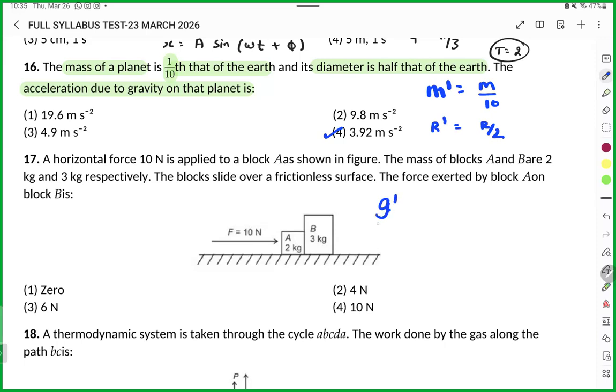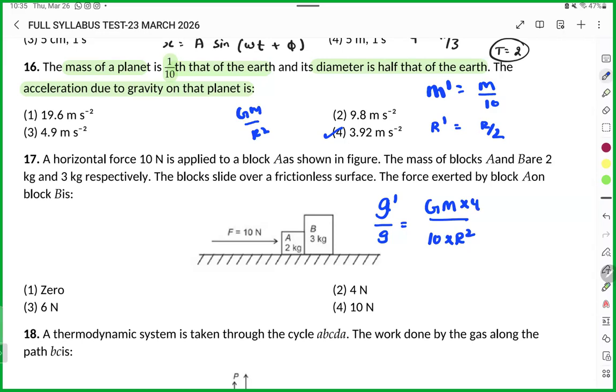G dash by G, G will be the same. Mass of the new planet is m by 10 and radius of the new planet is r by 2. We know the formula is GM by r square, so its square will be r square by 4.